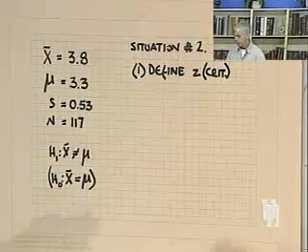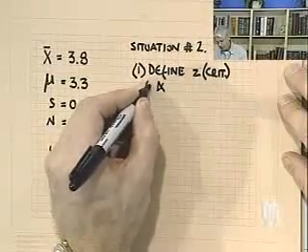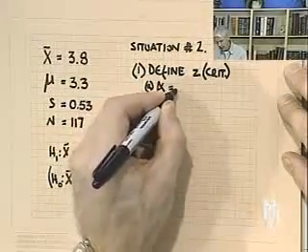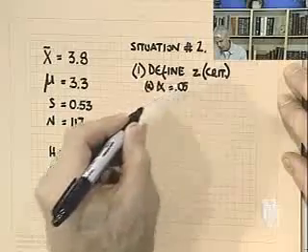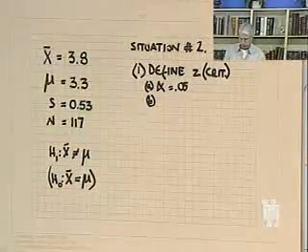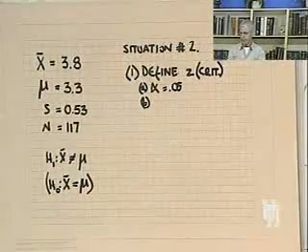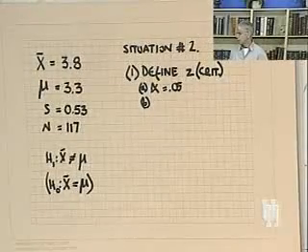You need to know the alpha level, and let's say alpha equals 0.05. And you need to know whether the test is 1 or 2-tailed. From the information you have here, is the test to be 1 or 2-tailed?